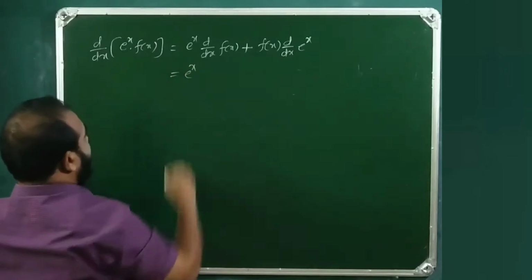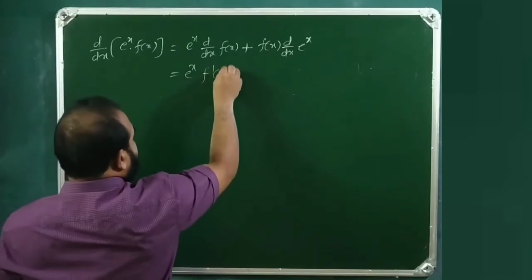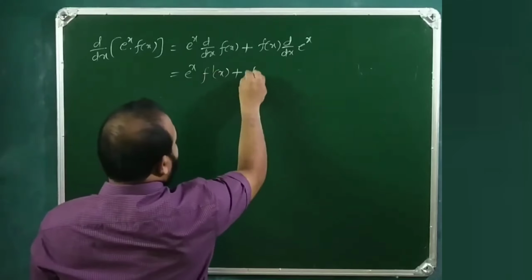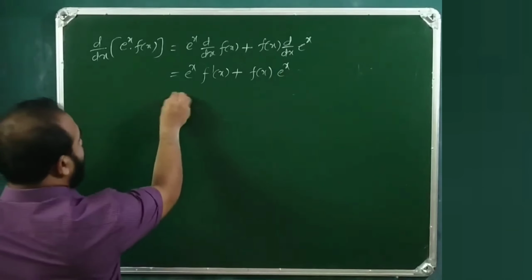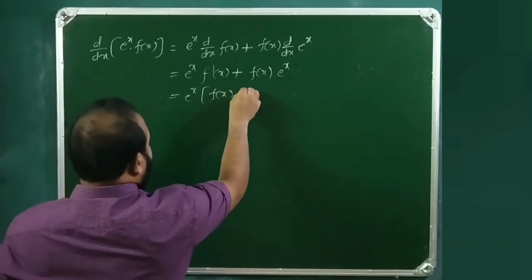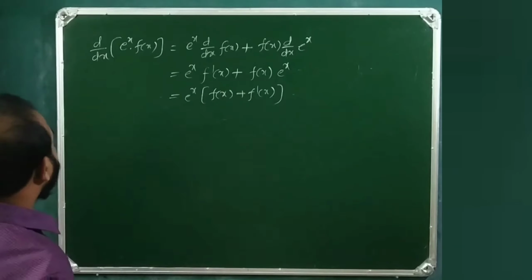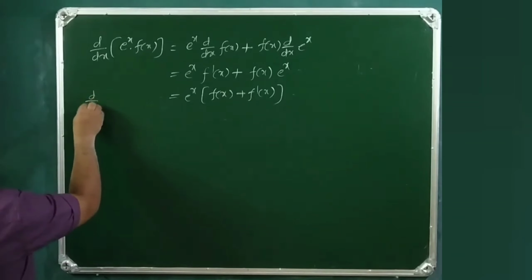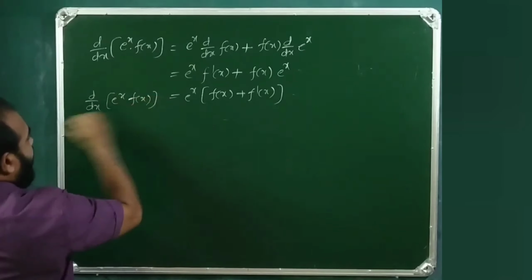So this is e power x into f dash x plus f of x into d by dx of e power x, which is itself. Now if you take e power x as common, then we will get e power x into f of x plus f dash x.